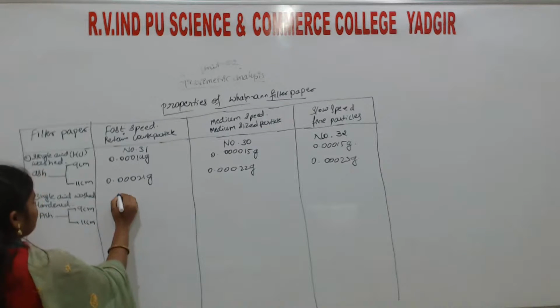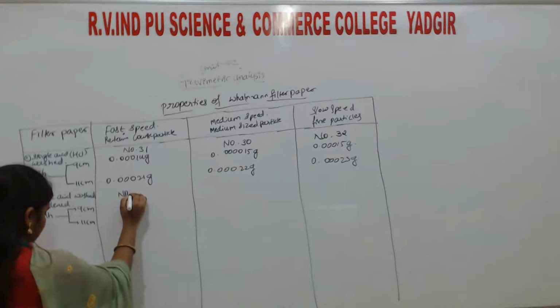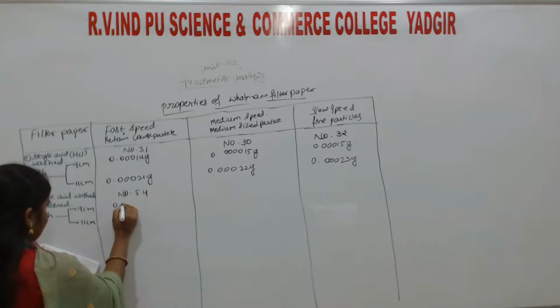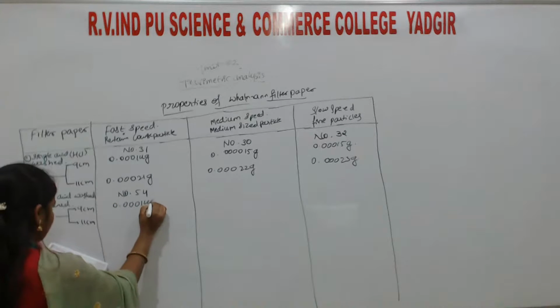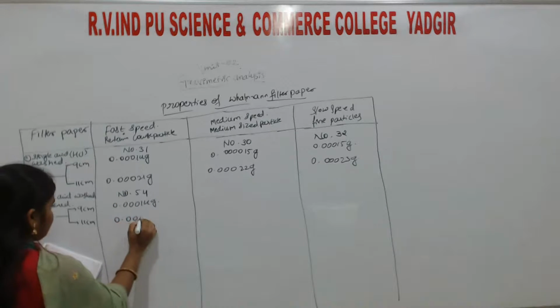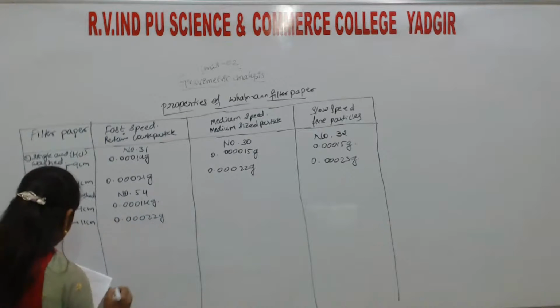The filter paper number is 54, with ash of 0.00014 gram and 0.00022 gram.